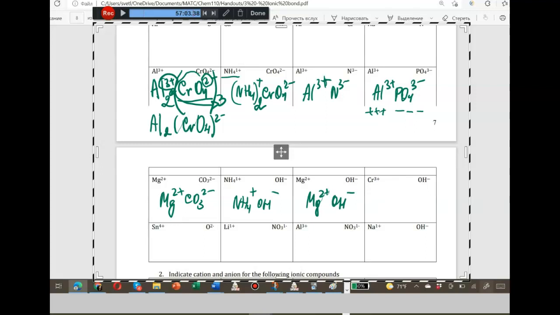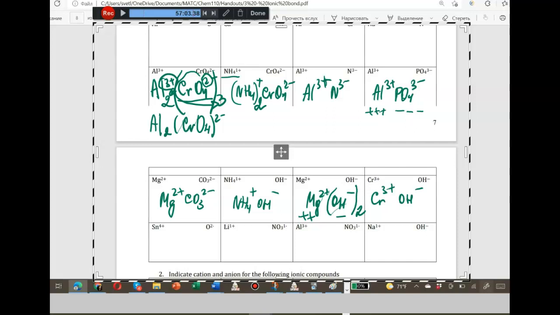So 2 plus here, and OH only 1 minus here. We need one more, and how do we have it? Parentheses and 2 times.